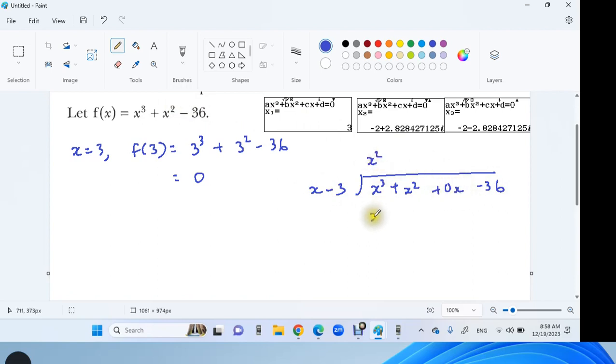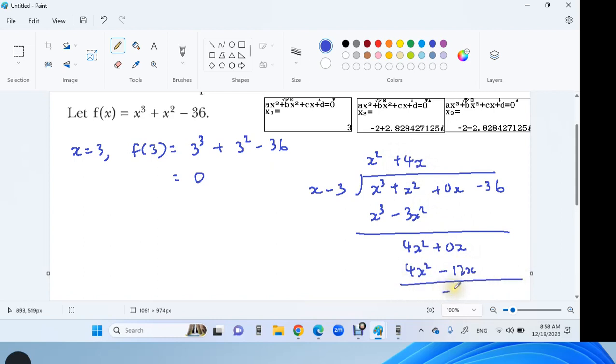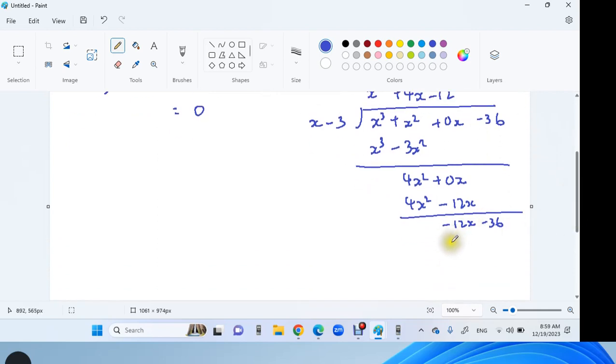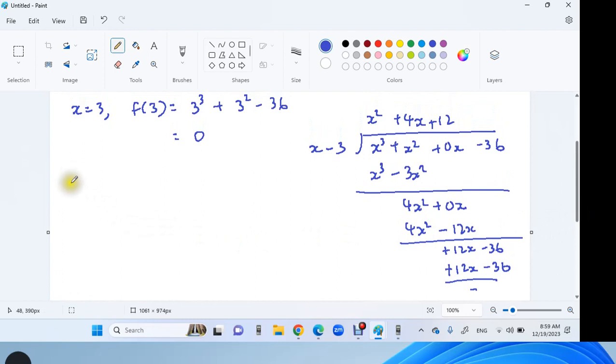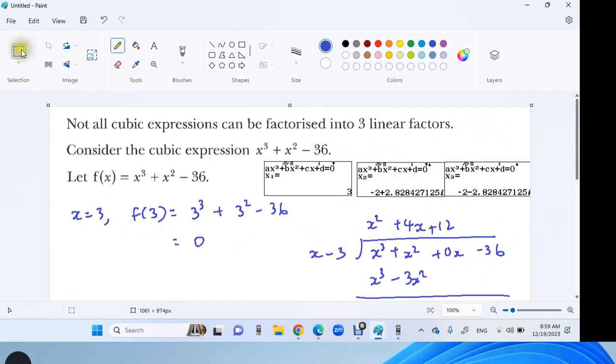So we have x squared here, then x cubed minus 3x squared, then we have 4x squared plus 0x, then we plus 4x, then 4x squared minus 12x, then we have 12x minus 36, then we minus, this is positive, so negative 12x plus 12x, and minus 36. So for this one, this equation will become something like this.